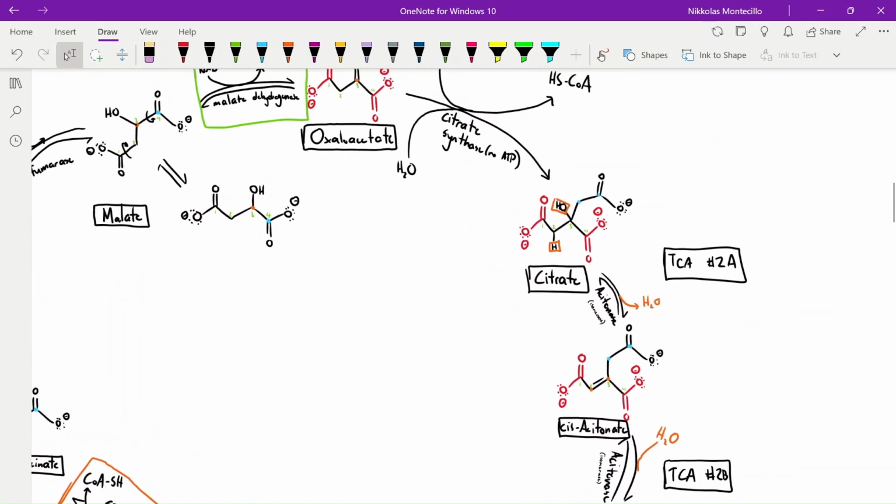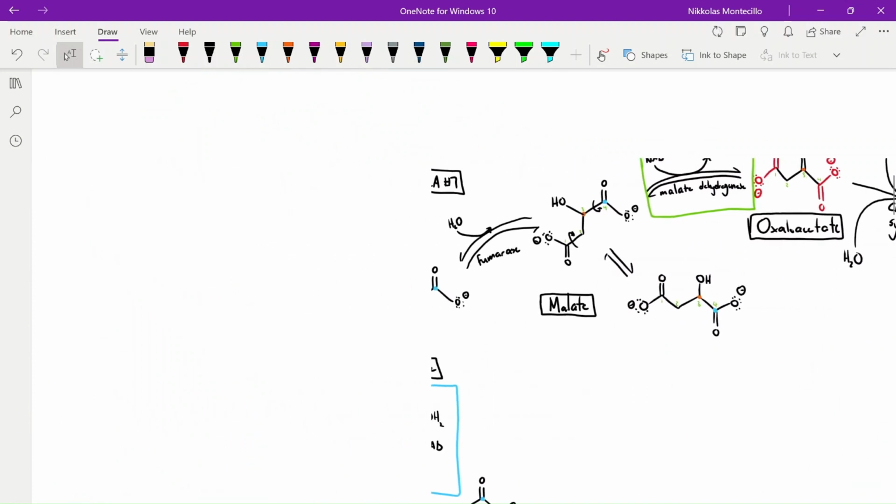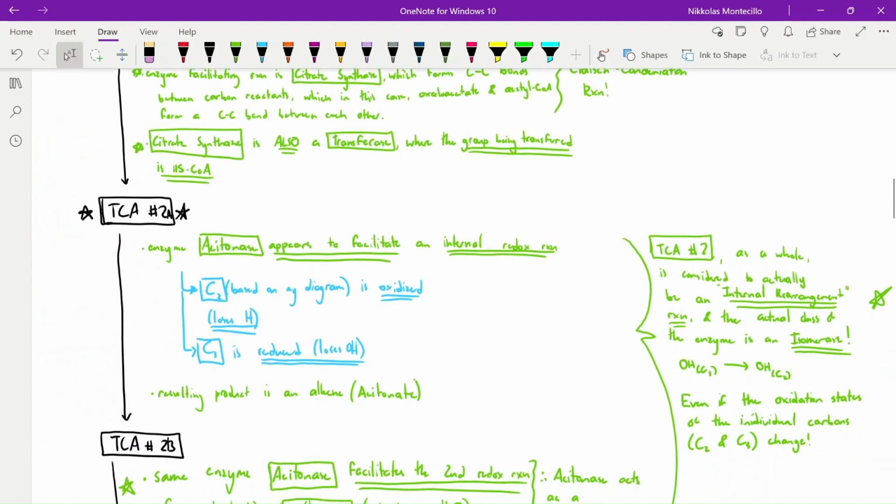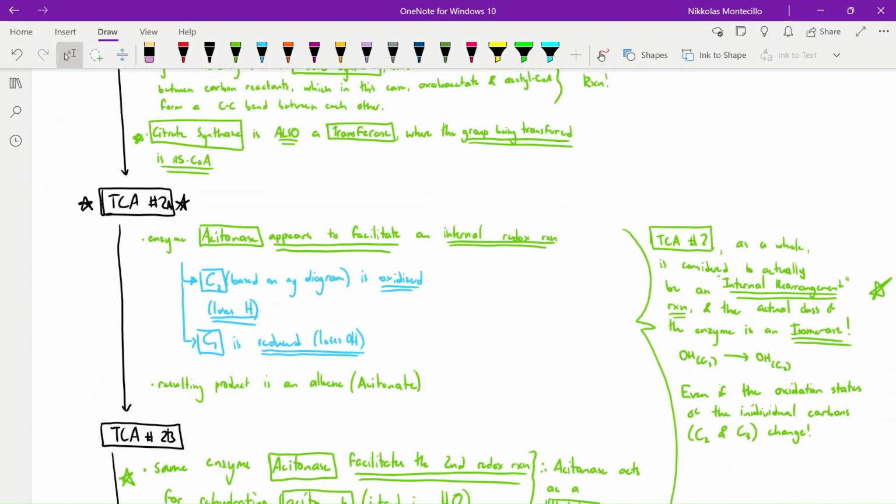So let's break down the steps of what occurs. For TCA2A, the enzyme aconitase appears to facilitate an internal redox reaction where C2 is oxidized because it loses H, and C3 is reduced, it loses the OH, right?